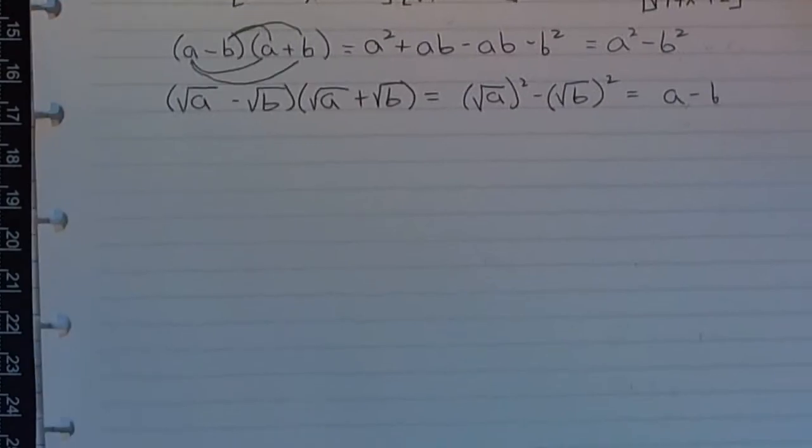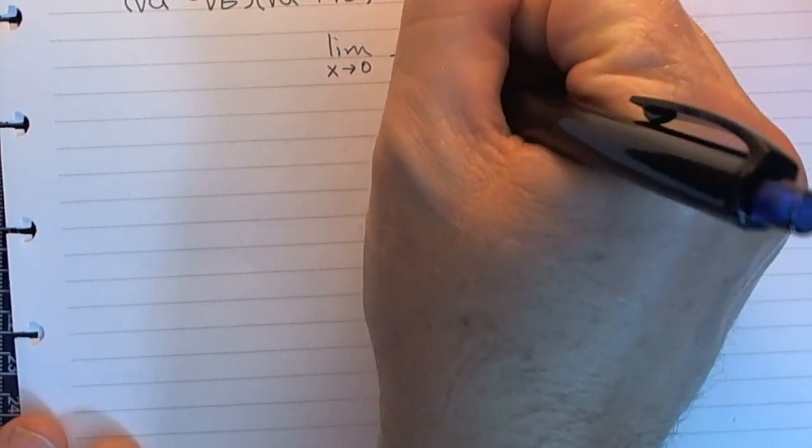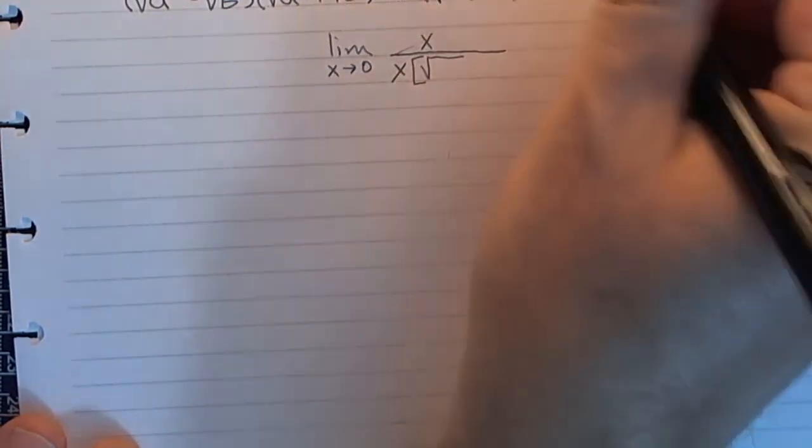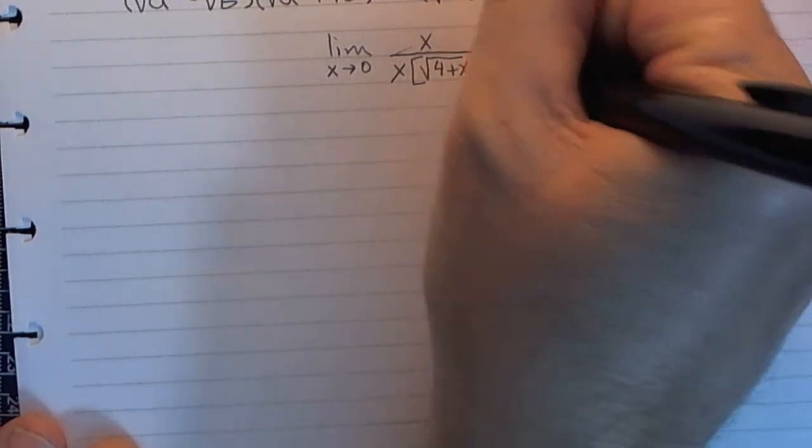And let's go down here where we can get a fresh start. We've got the limit as x goes to 0 of x over x times the square root of 4 plus x plus 2.